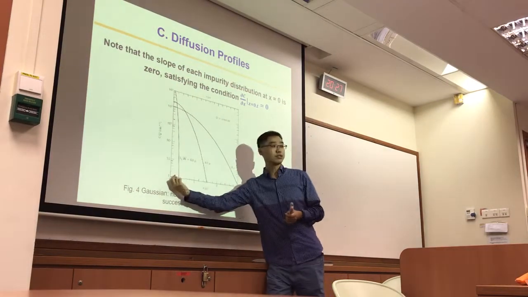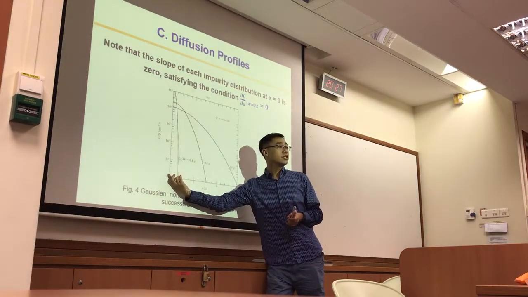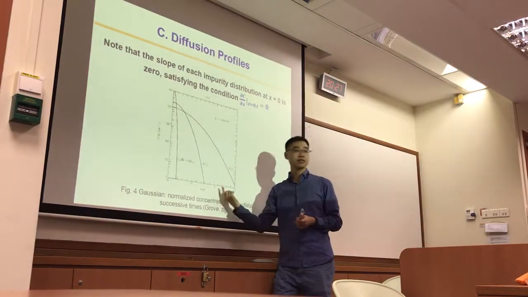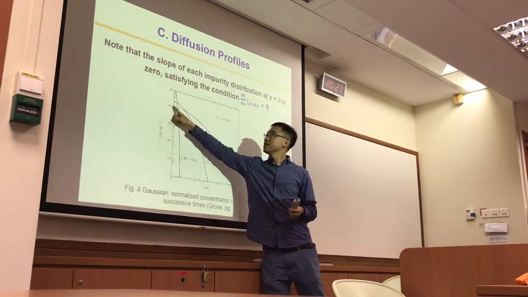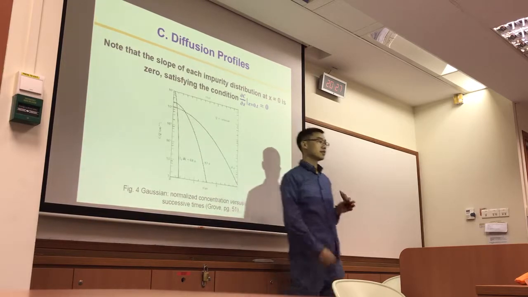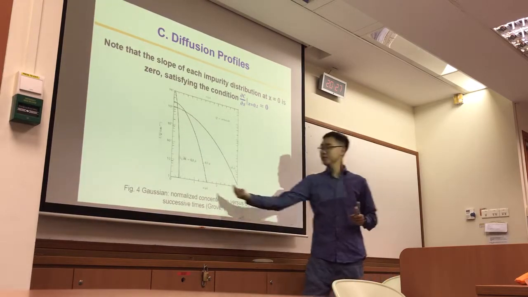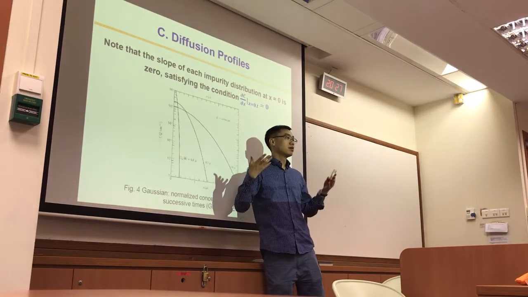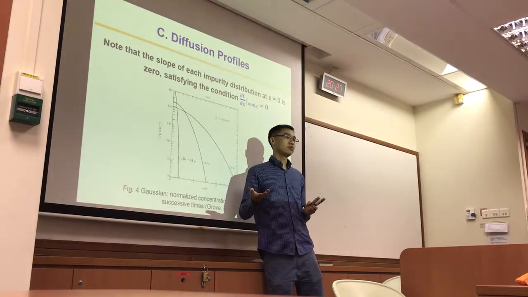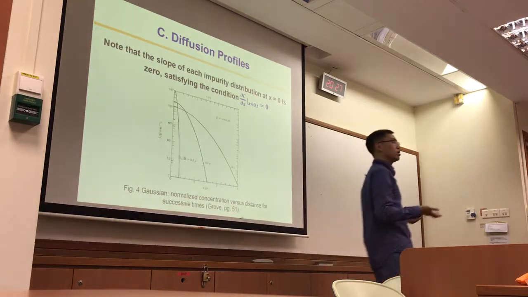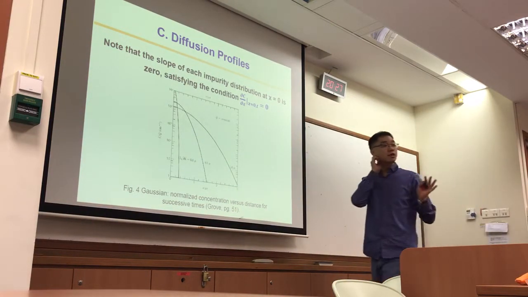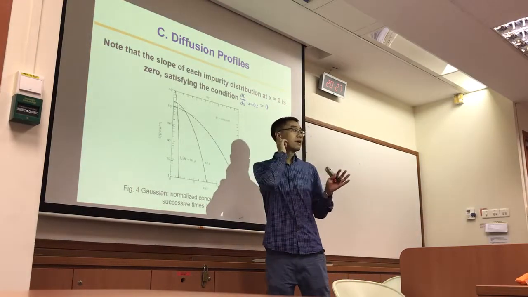But as I told you, if you integrate this along this direction, because this CS is per cubic centimeter, you basically get per square centimeter. What is the unit of dose? Per square centimeter. Correct?